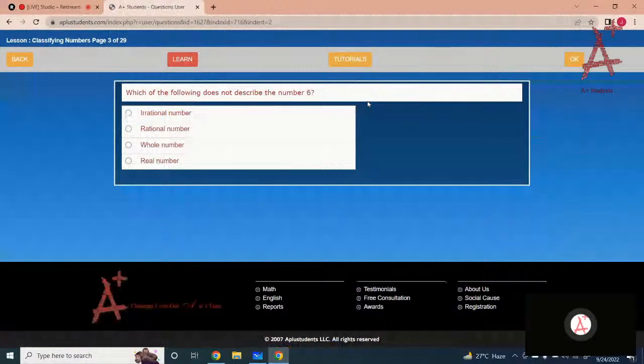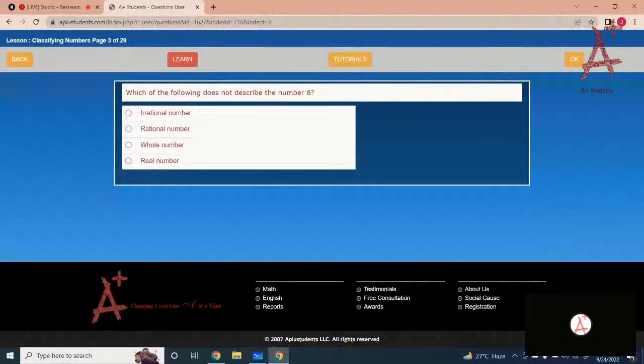Which of the following does not describe the number 6? Irrational, rational, whole number, and real number. So, which is the correct option? Irrational only.